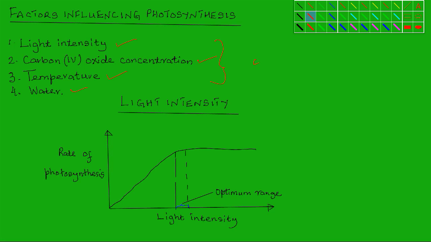So we talk about the optimum levels for photosynthesis to proceed at the fastest rate. Should any of these factors be at their lowest point, then the rate of photosynthesis will be low regardless of the level of the other factors.